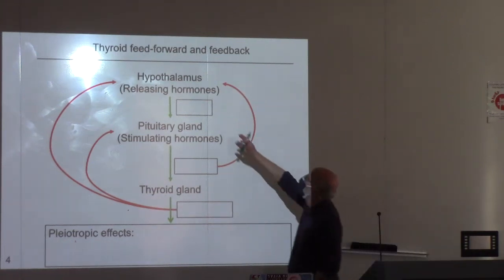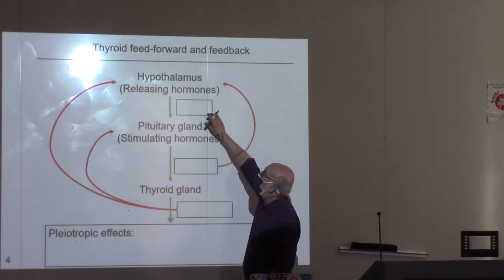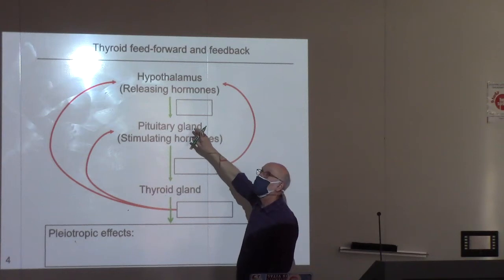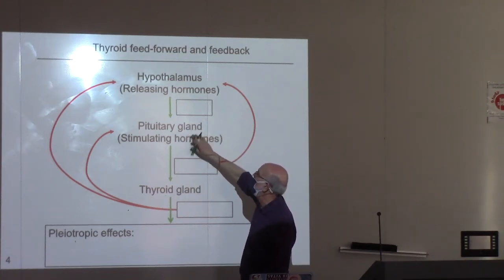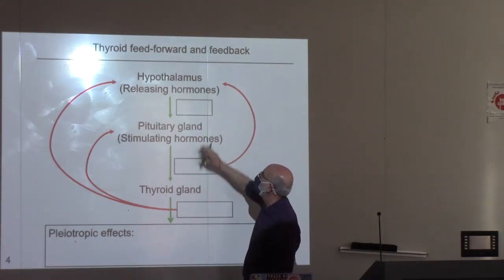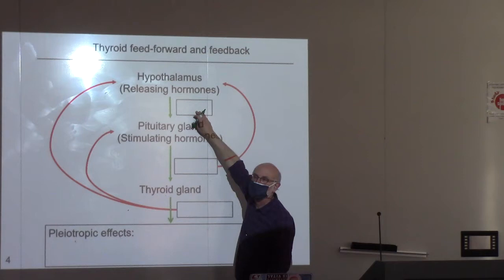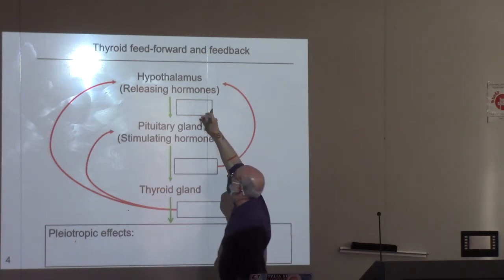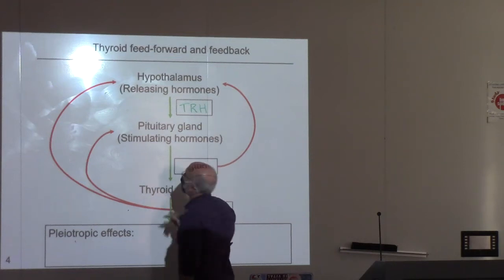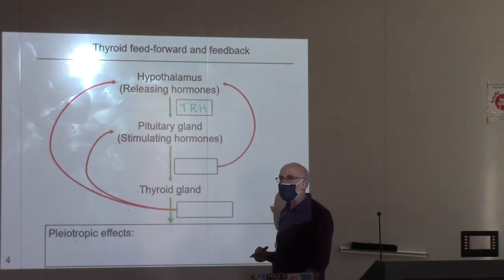What's the name of the hormone that is released by the hypothalamus into the portal circulation that stimulates the thyrotropes of the anterior pituitary, that stimulates the thyroid? What's the name that goes in here? TRH. Thyrotropin releasing hormone.